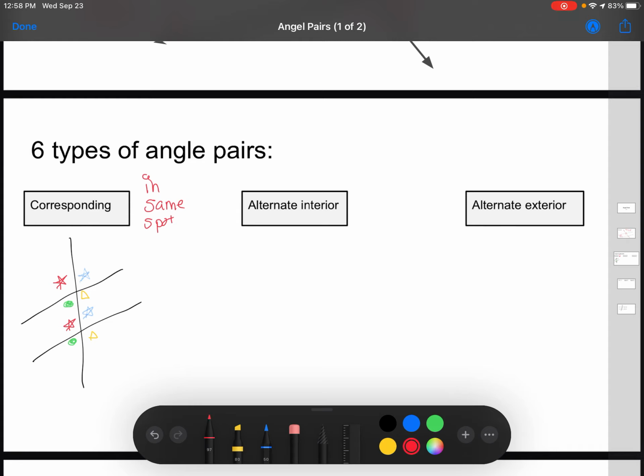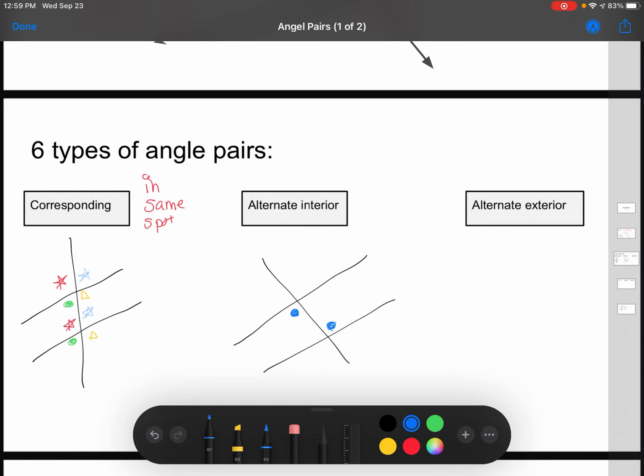The next one are called alternate interior. The word alternate means they're on opposite sides. Interior means inside. So they're on the inside. So when we say inside, we mean in between, in this area here. That's the inside. So alternate interior would be this blue dot with this blue dot.